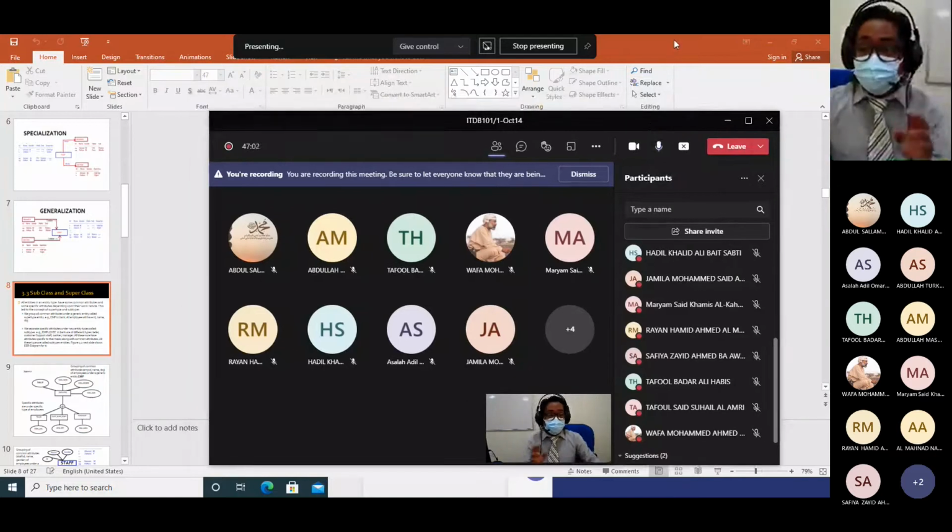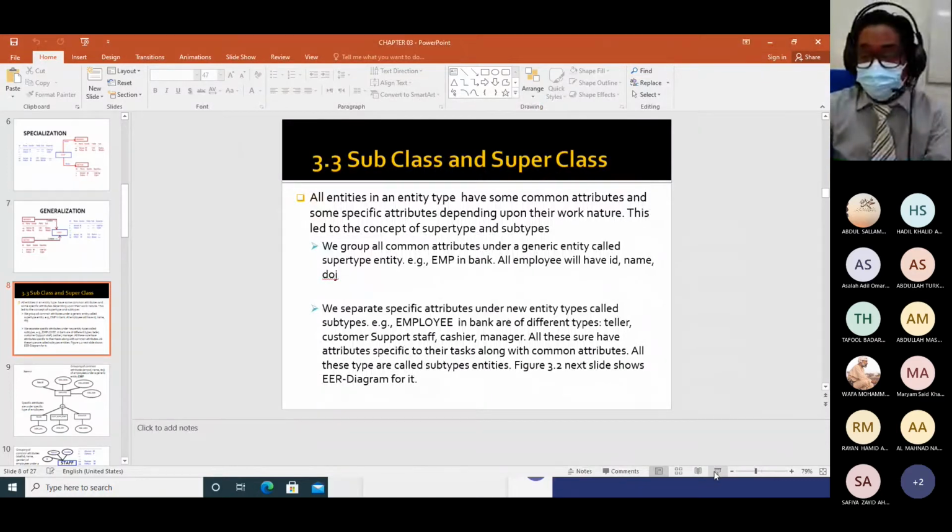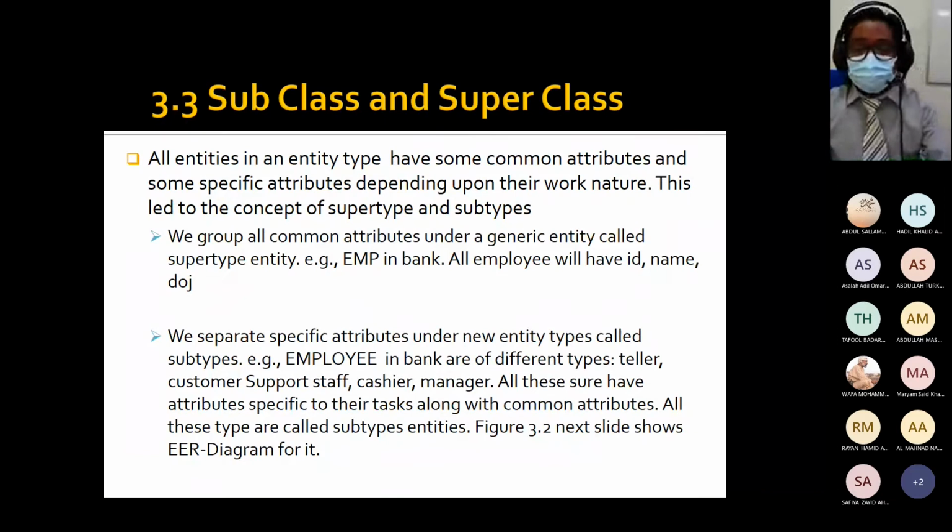Okay, I hope you understand, but it would not be clear without showing some illustration here later, of course. It has to do with subclass and superclass. So you might be thinking, teacher, the title is subclass and superclass, but you're talking about supertype and subtype.